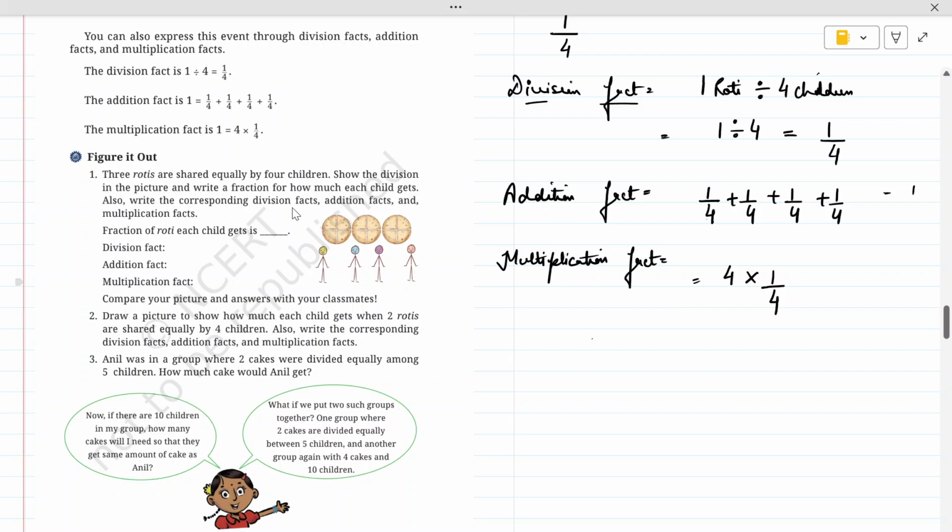Also, write the corresponding division, addition, and multiplication fact. Now, we have 3 rotis and each child will get 3 by 4 of a roti. We have to divide them equally, right? So, let us do this here.